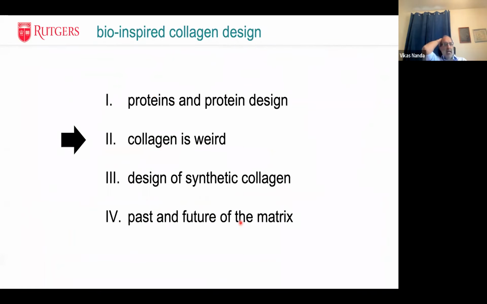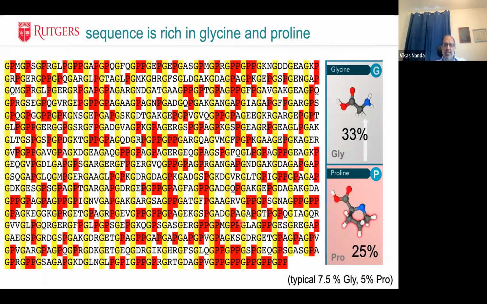So let's move away from talking about proteins in general, and let's talk about this one protein, collagen. So collagen is a weird protein. And you can see that right away by looking at its primary sequence, the amino acids that make up this polymer chain. And what I'm showing you here is just 1,000 amino acids of the central region of collagen.